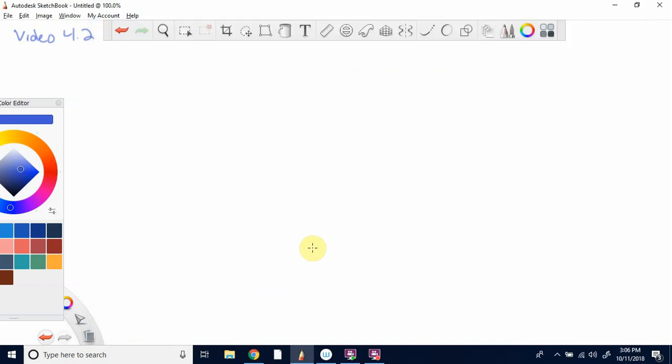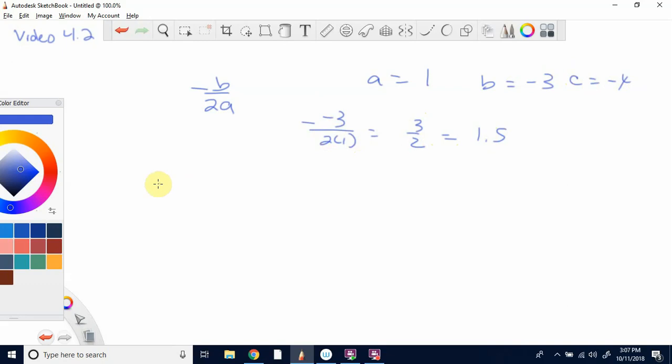The first thing you have to remember is the -b/2a formula, because that's what we're going to use. In this equation, let's identify a is 1, b is -3, and c is -4. So we're going to do 3 over 2 times 1, which is 3/2 or 1.5. Then we're going to find f of 1.5 by putting it into the equation x squared minus 3x minus 4.